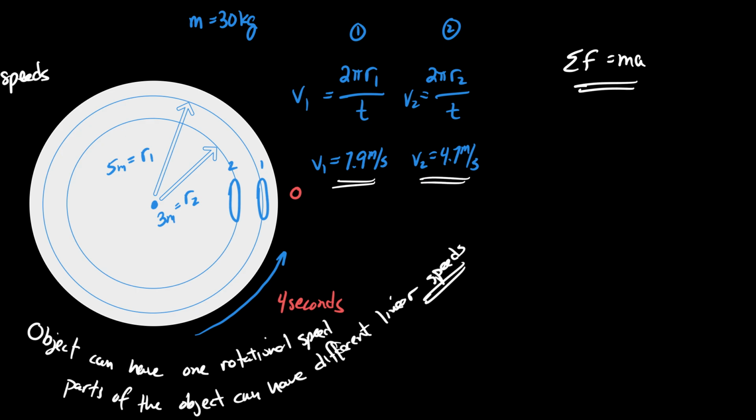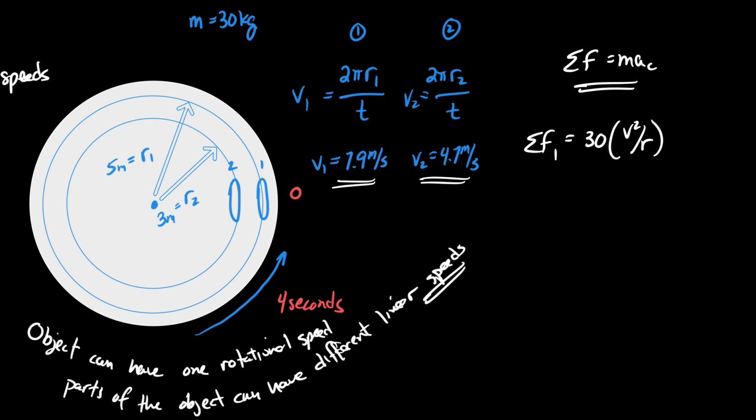They're accelerating, but they're experiencing a centripetal acceleration. So the net force for kid 1 will be their mass times v squared over r for their velocity and their radius.